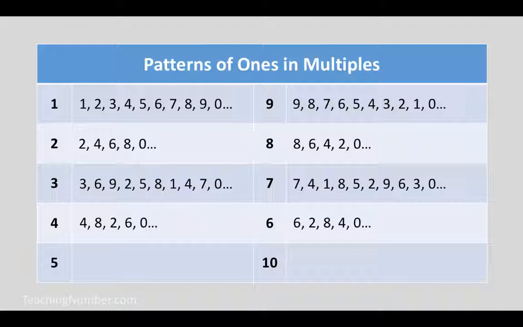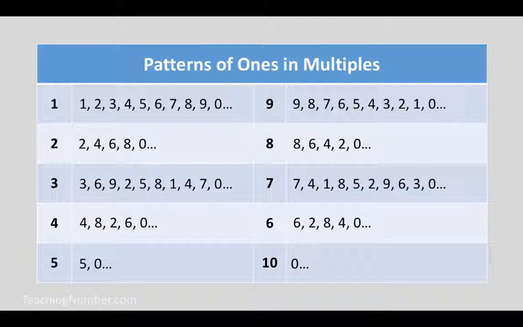That is why each pair of digits that make 10 use the same pattern of ones in their multiples, except in opposite orders. We have not discussed the patterns of ones in multiples of 5 and 10, but by now it should be easy to see why counting by 10 and mastering multiplication by 10 is easy, and counting by 5 and mastering multiplication by 5 is almost as easy.